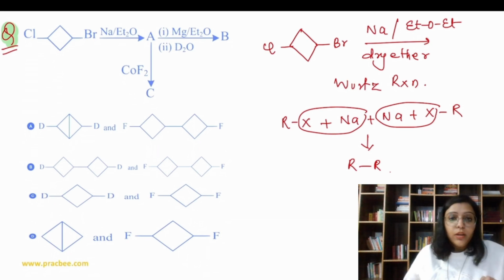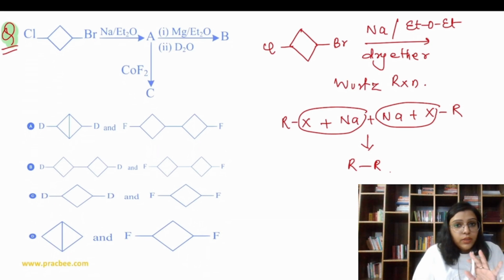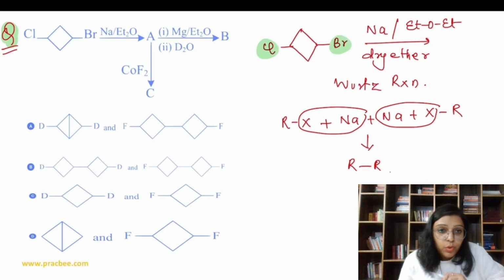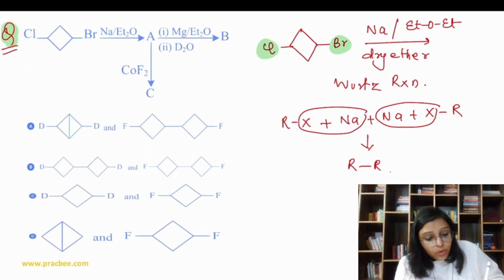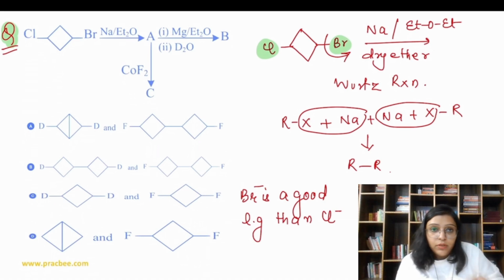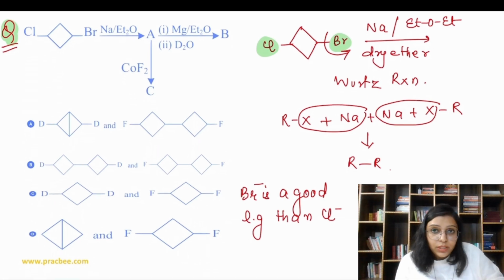Join R and R. So on the basis of that, here we have two halogens. One is chlorine, another one is bromine. We know that bromine is a good leaving group, better than Cl. So Br leaves in comparison to Cl.